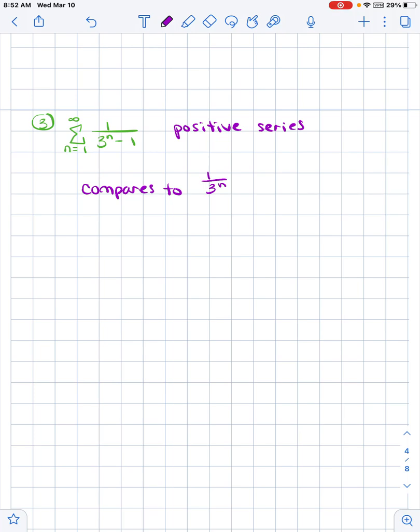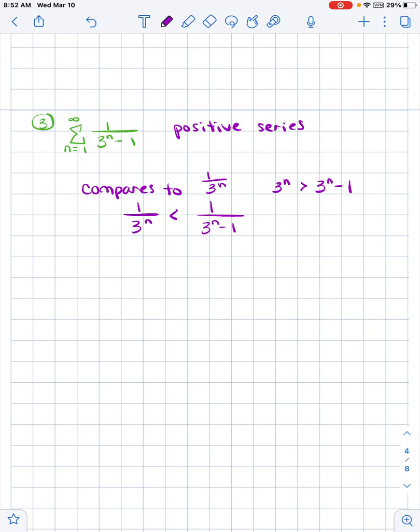Okay, now trying to determine which one is bigger, 1 over 3 to the n or 1 over 3 to the n minus 1. Well, 3 to the n is always going to be larger than 3 to the n minus 1. So we know then that 1 over 3 to the n is going to be less than 1 over 3 to the n minus 1.